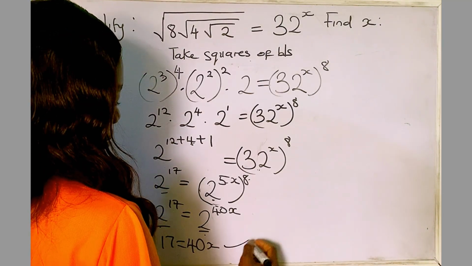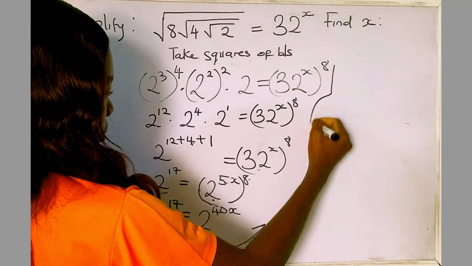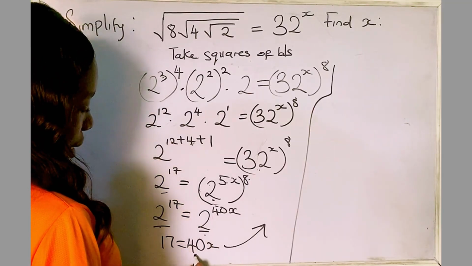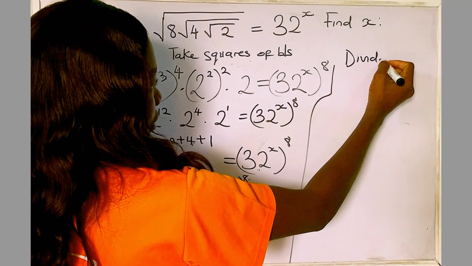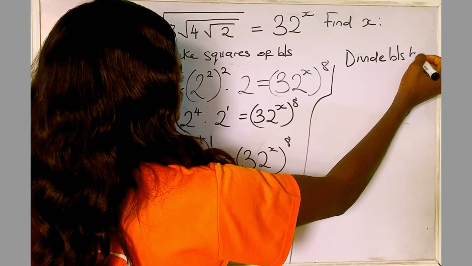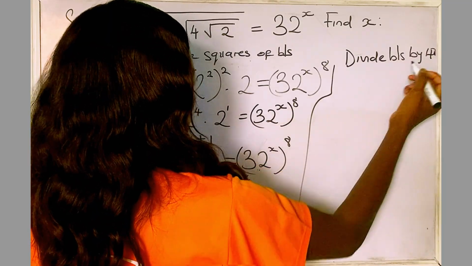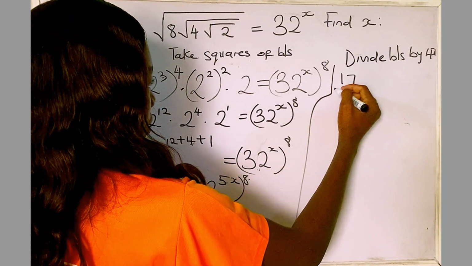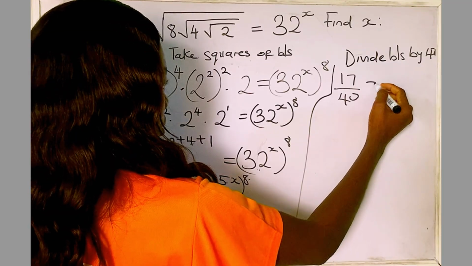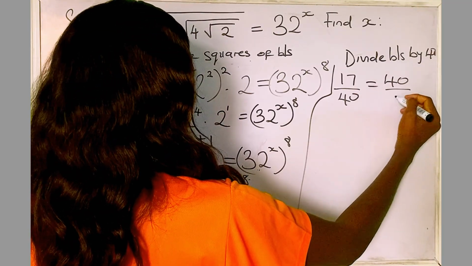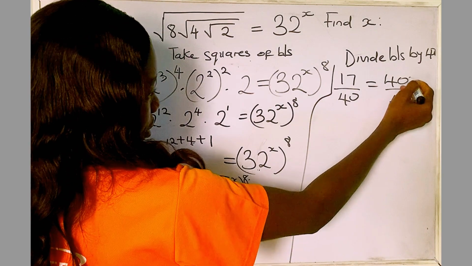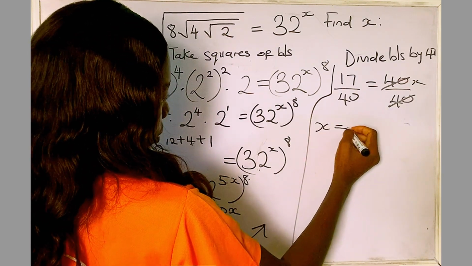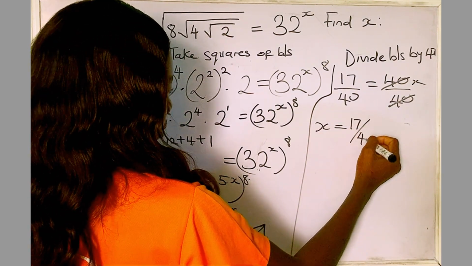Divide both sides by 40. So we have 17 over 40 is equal to 40x over 40. So this cancels this. So x is equal to 17 over 40.